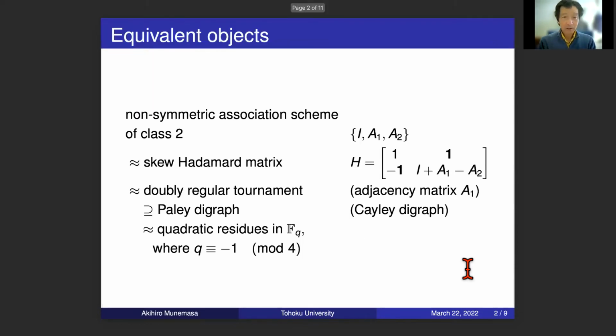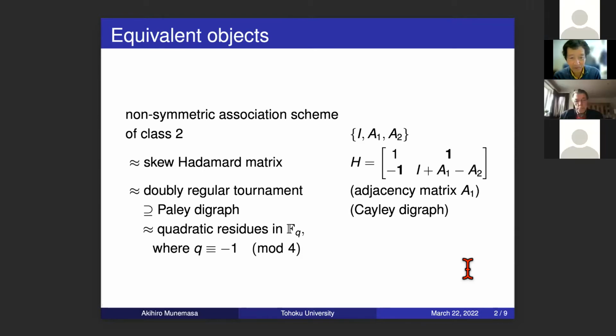Okay. So a non-symmetric association scheme of class 2 is also known as many other different combinatorial objects. Notably, this is essentially equivalent to a skew-Hadamard matrix.